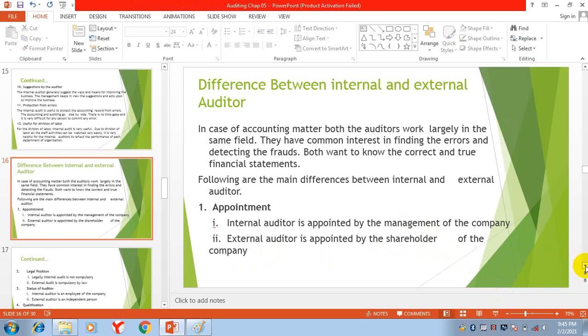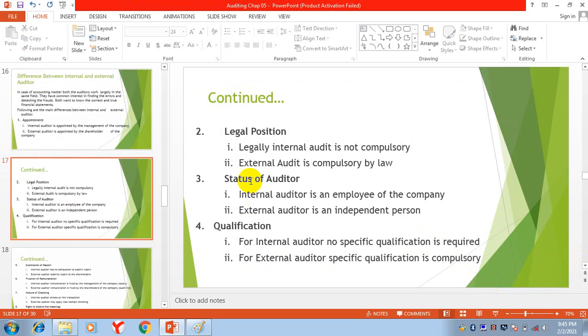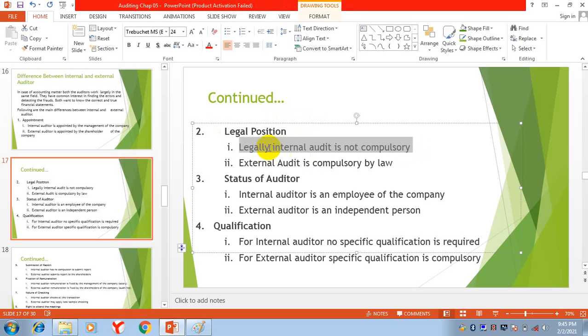The second difference is the legal position. Legally, internal audit is not compulsory. In the eyes of law, if you are hiring internal auditor, it is not a must. But external audit is compulsory by law for all joint stock companies.